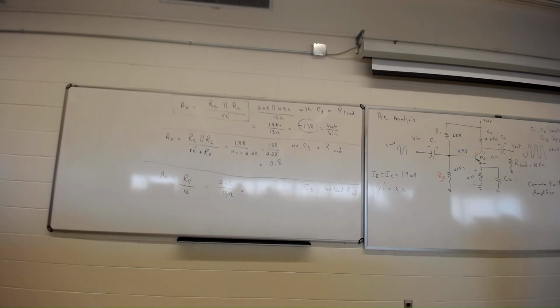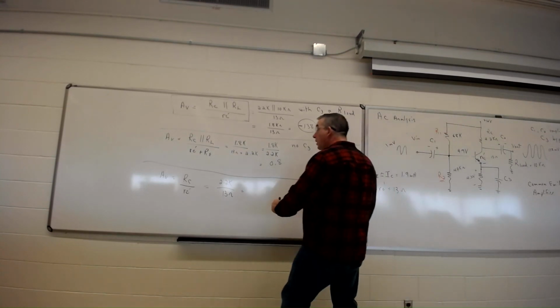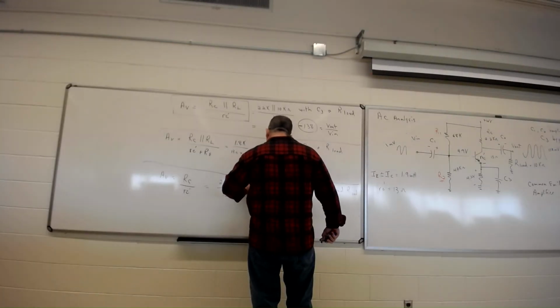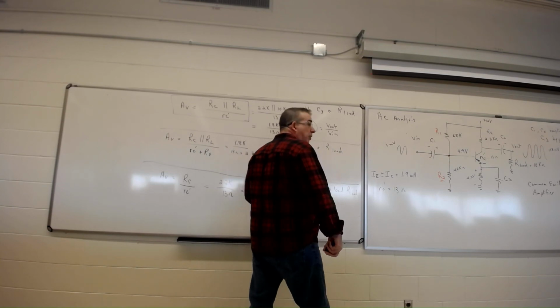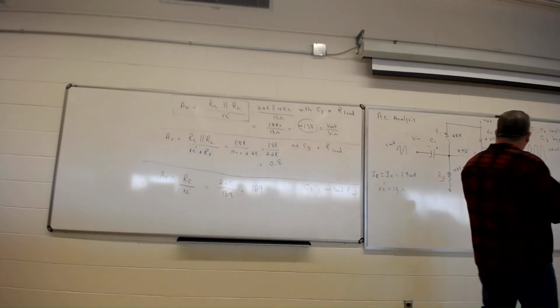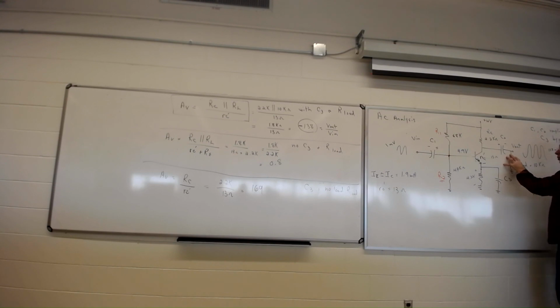What do we get? 159.69? Yeah. So the gain actually goes up. So if you don't have to put any energy into another amplifier or a load, you'll actually get more signal at the output if you don't have a load resistor. The load resistor actually drops the gain down.